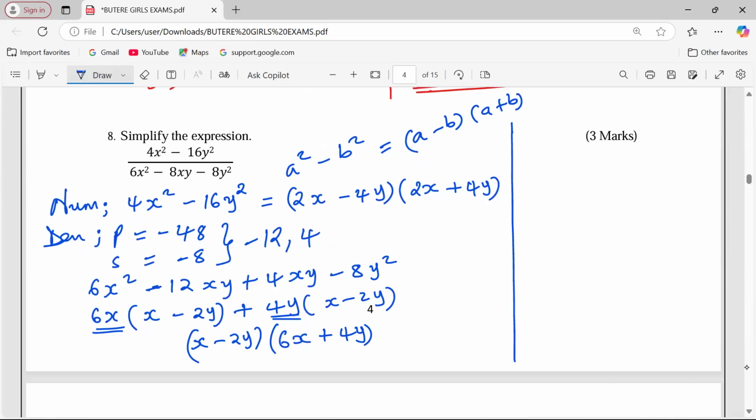So from the numerator, we can talk about something like 2x minus 4y.